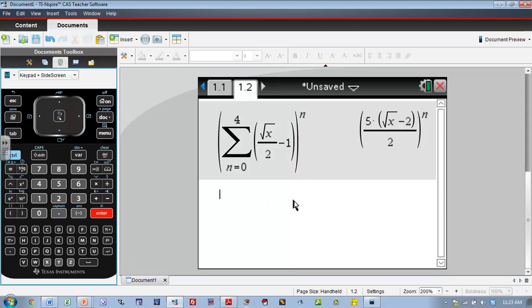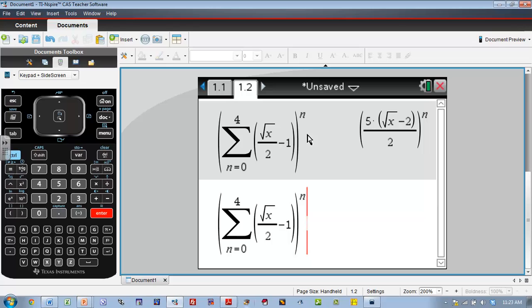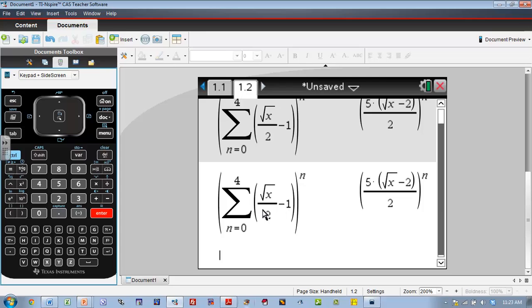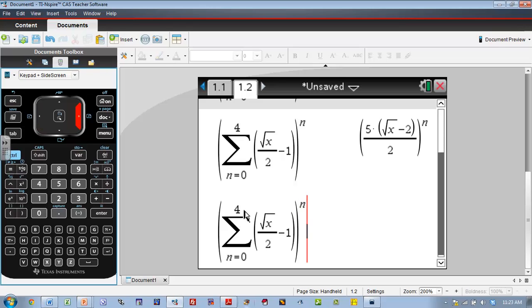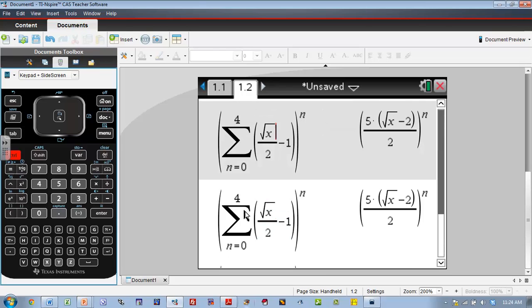Let me try this again, I have the n in the wrong place. I want that n to be on that term. Does that work? No, it moves it to the outside again. Okay, one more time. I'm going to put all of that inside of parentheses.